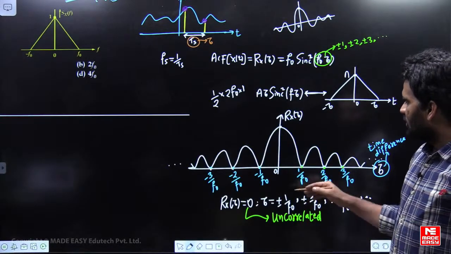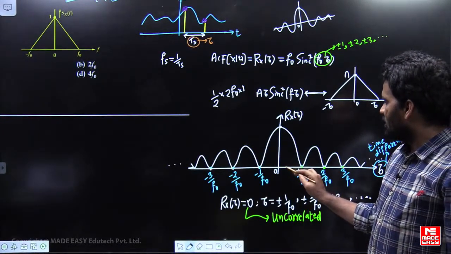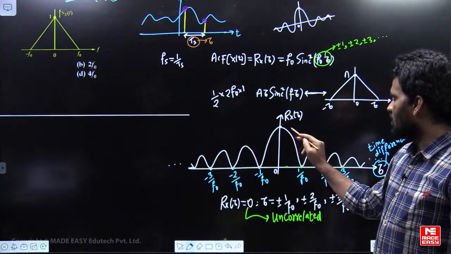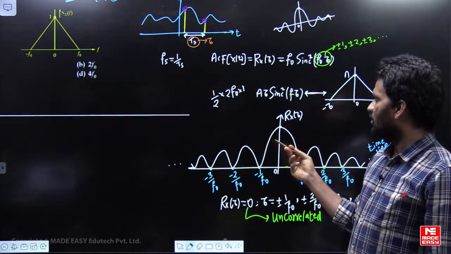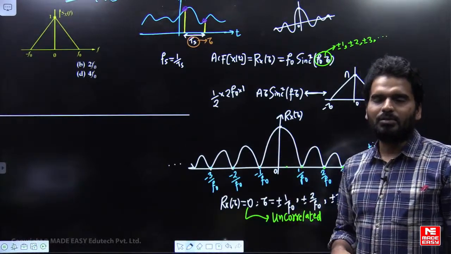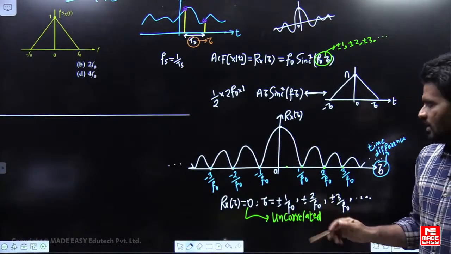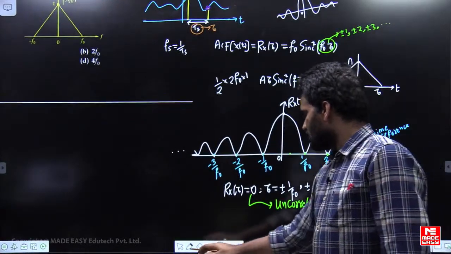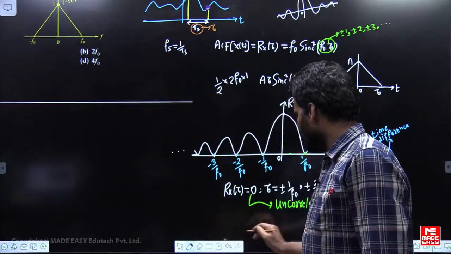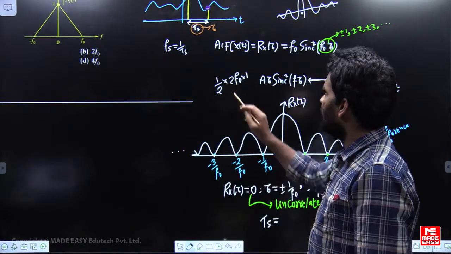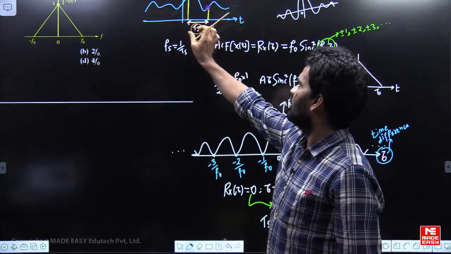For other tau values, suppose 1 upon 2 f naught, R of tau is not becoming 0. R of tau not becoming 0 means some correlation is there between sample points, then those sample points are said to be correlated. R of tau 0 means uncorrelated. So I can say these sample points look to be uncorrelated with Ts equal to the time difference tau, the sampling interval.